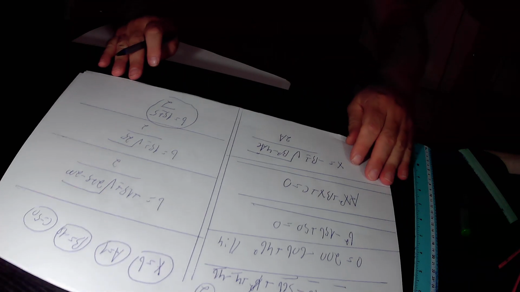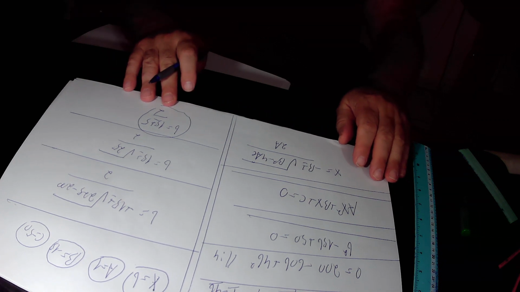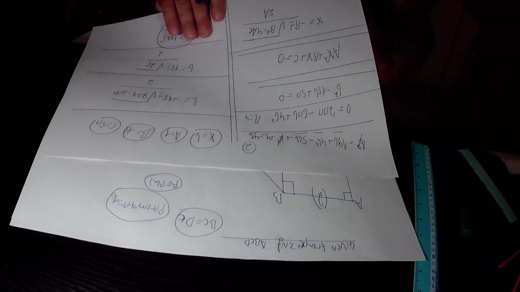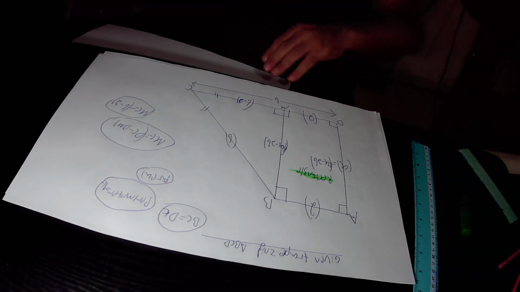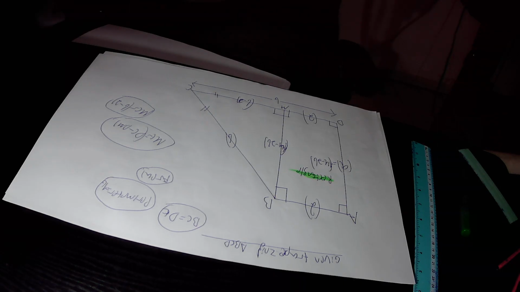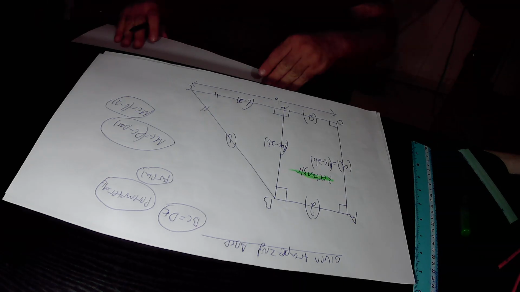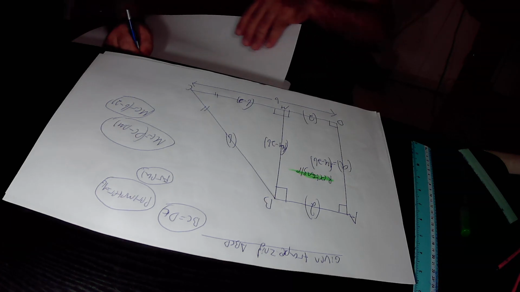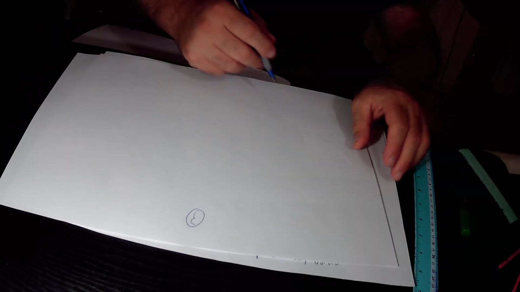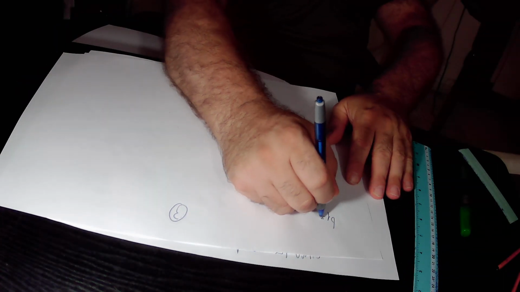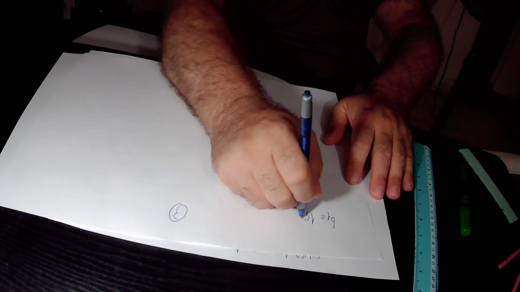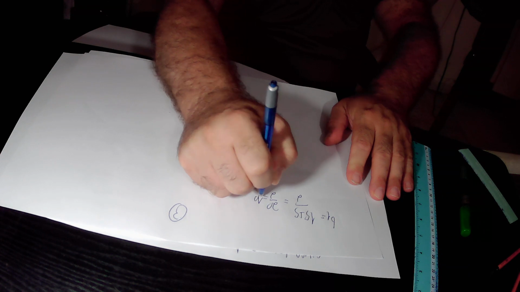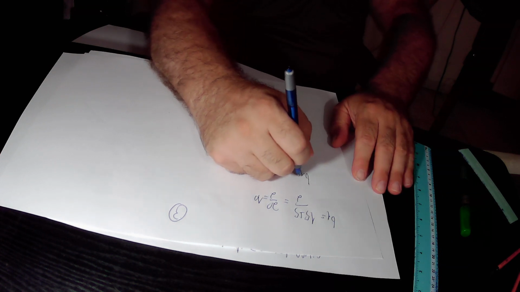We define the first solution as b1, and the second solution as b2. The first solution, b1, is equal to 15 plus 5 over 2. 15 plus 5 is 20, and 20 over 2 is 10. So b1 equals 10 units.